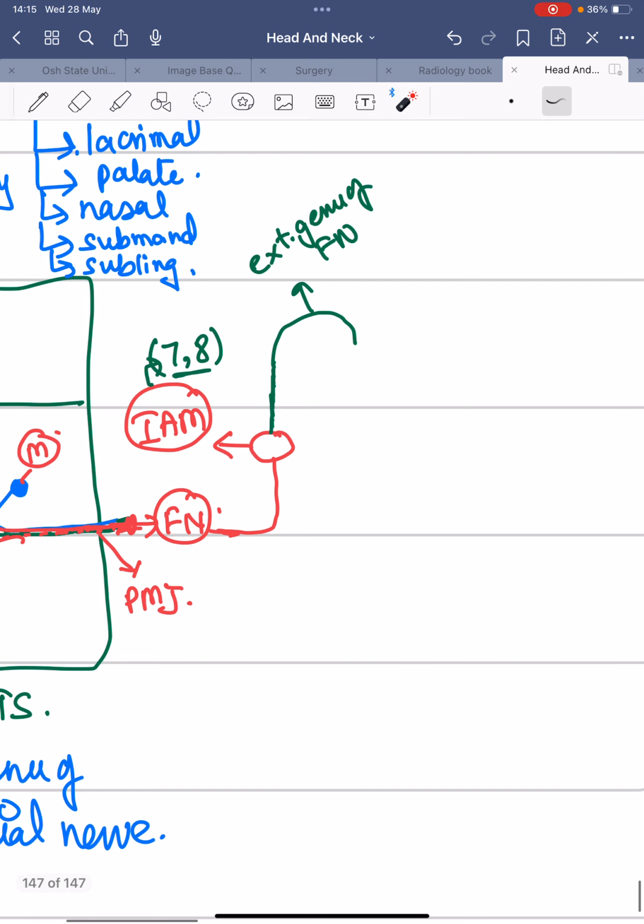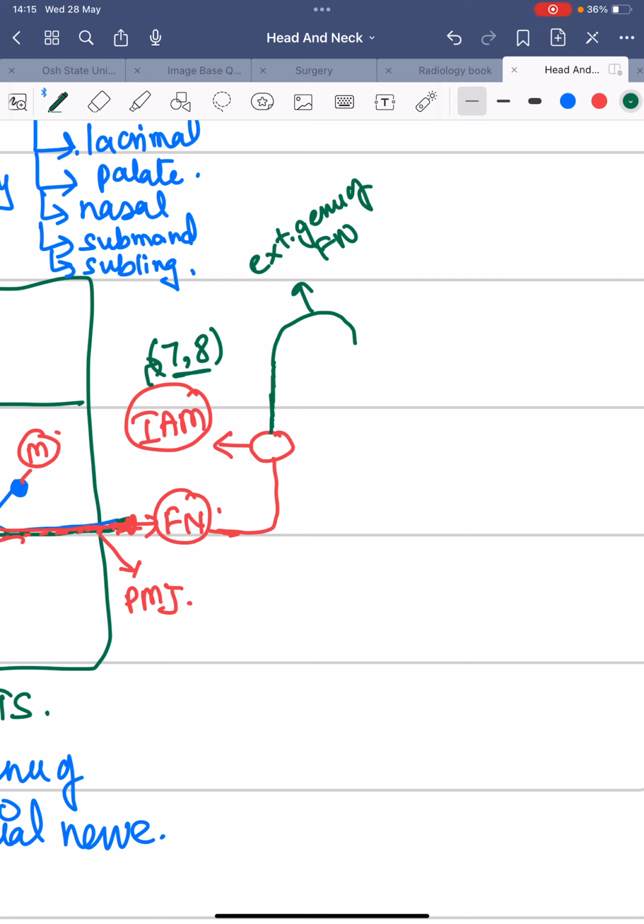as it is entering into the facial canal, now the nerve is present where? Our facial nerve, it is present in the facial canal. And now in the facial canal, the nerve swells to form the geniculate ganglion. This is your geniculate ganglion.